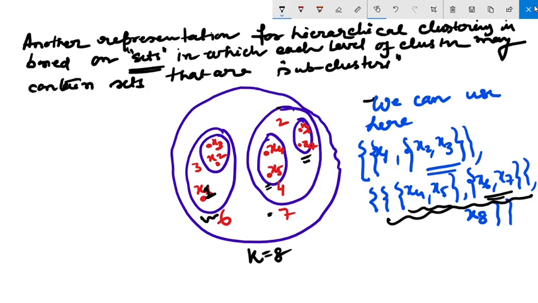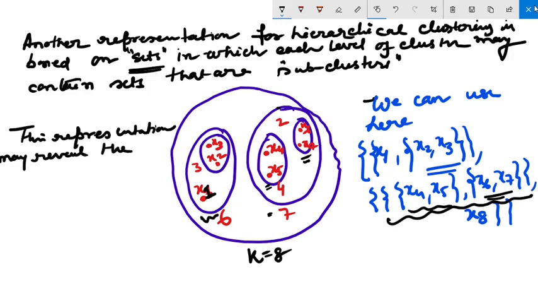This representation may reveal the hierarchical structure of the data.